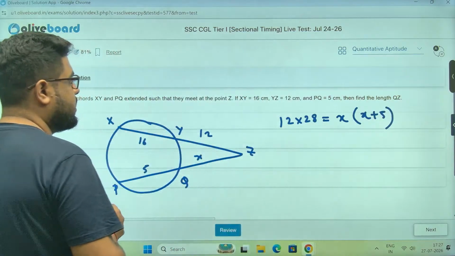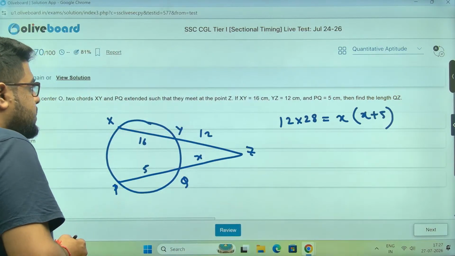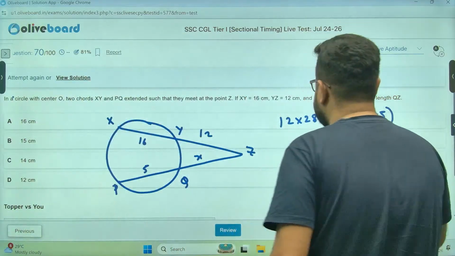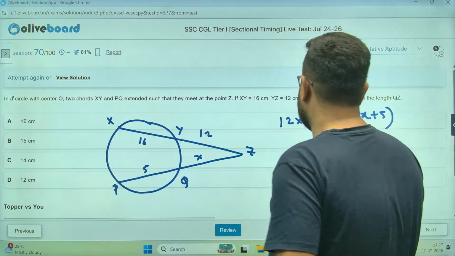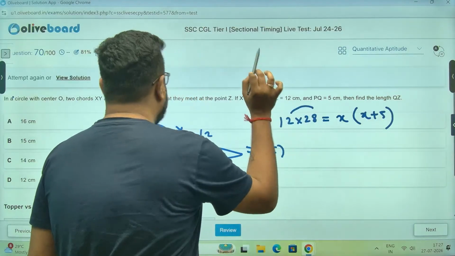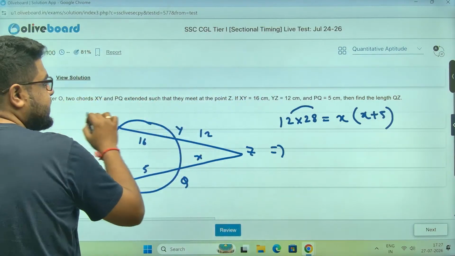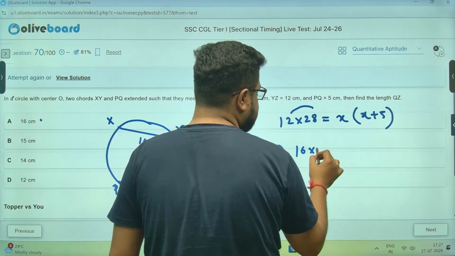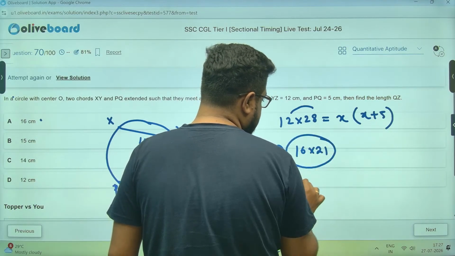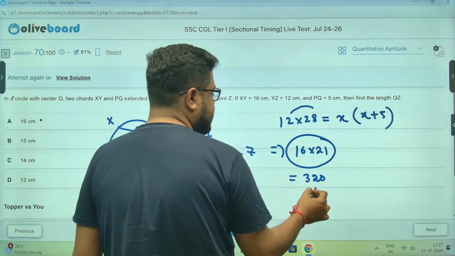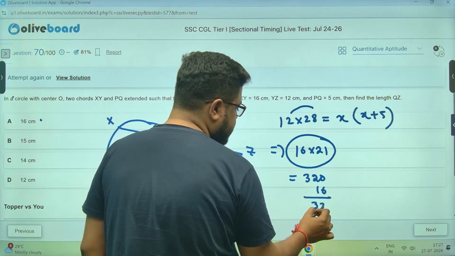Okay, 1 second, sir. They are asking only QZ. I have to use the options, otherwise I'll get into trouble. So let's do one thing, sir. 8 twos are 16, unit digit 6. If I put 6 here, the unit digit will be 6 only. 16 into 16 plus 1 is this: 320 and 16, 336.